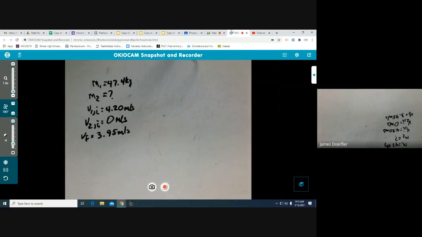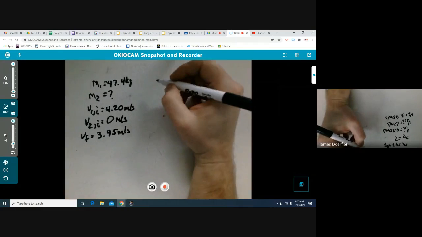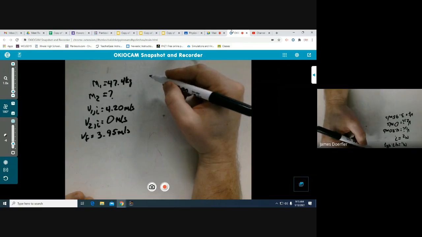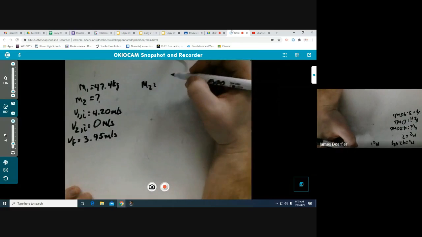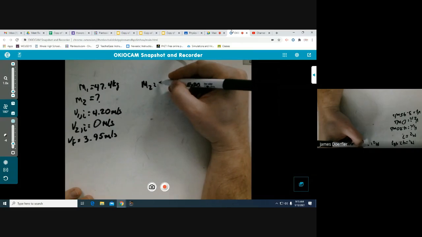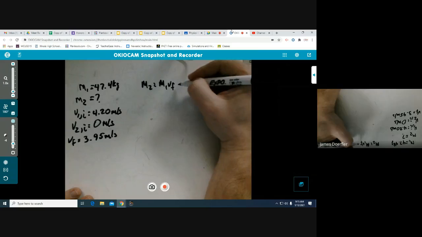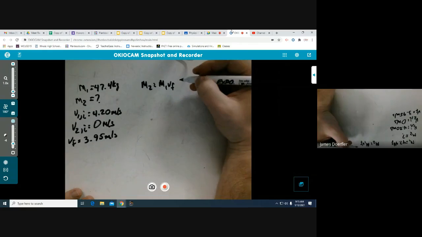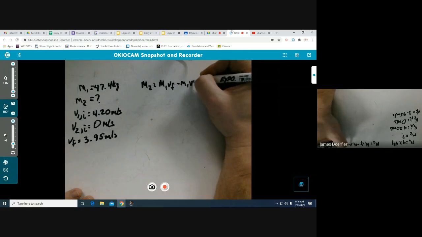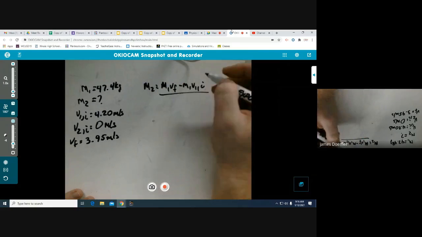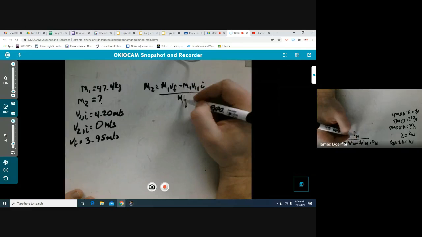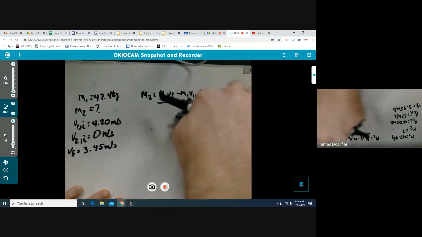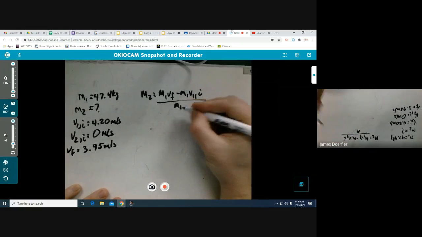So let's rearrange our equation to solve for M2. After you rearrange the initial equation to solve for M2, what you're going to have is the following: M2 is equal to M1VF minus M1V1I all over M1.